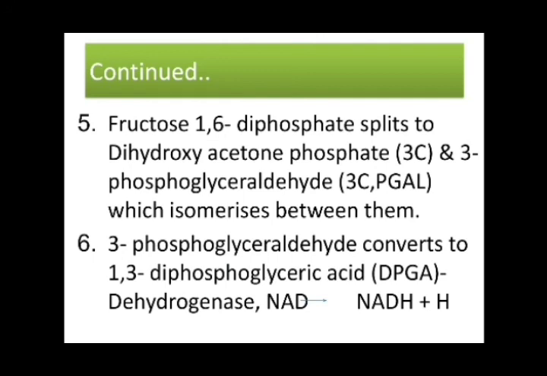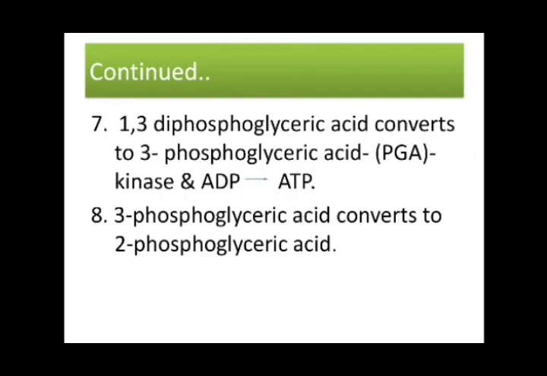The 3-phosphoglyceraldehyde is converted to 1,3-diphosphoglyceric acid in the presence of the enzyme dehydrogenase, and NAD converts into NADH. 1,3-diphosphoglyceric acid converts to 3-phosphoglyceric acid, and 1 ATP is produced in the presence of kinase.